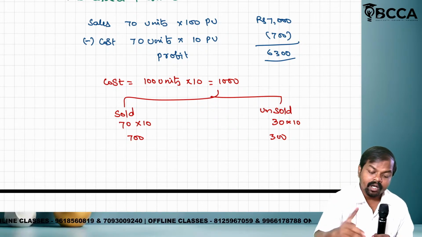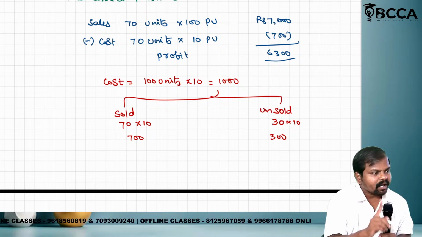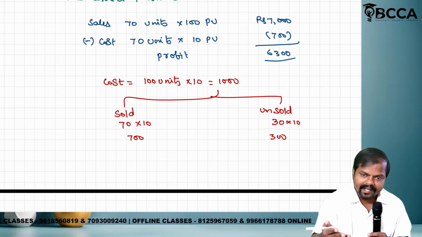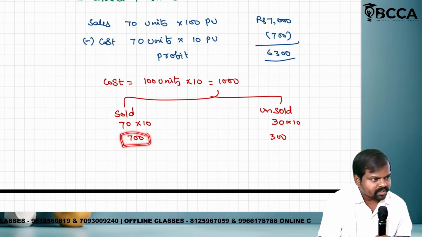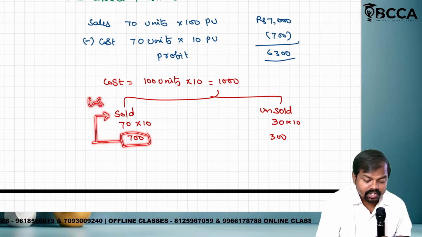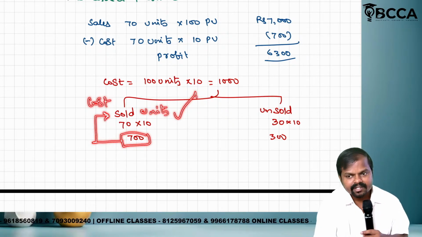You should understand it in an alternative way also. Expired cost means cost which is charged. First definition clear? What is the next definition? Expired cost means cost which is representative of the cost of sold units. Is it right?